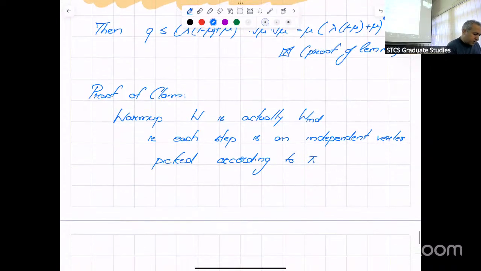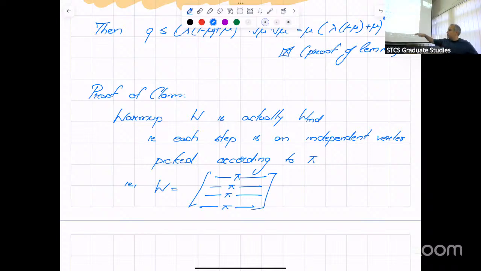That is, W actually looks like pi. So irrespective of which vertex you are at, the next vertex you are picking according to the stationary distribution. So not W, there's a W_ind.